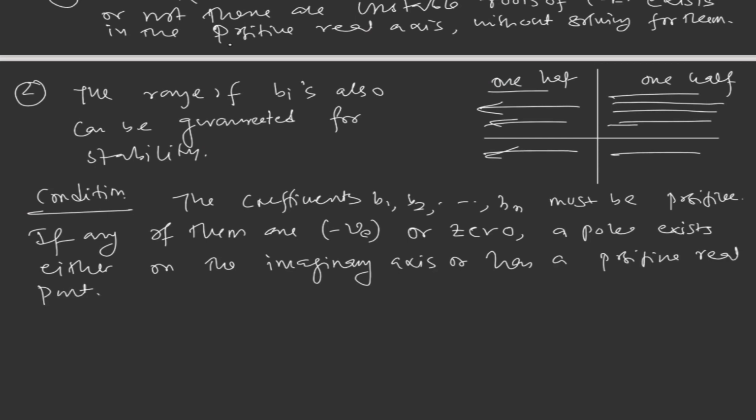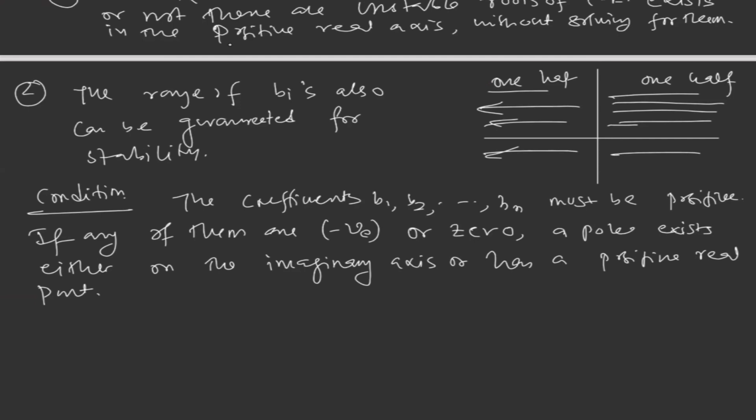For stability, all the values of all these coefficients B1, B2 till Bn should be positive. If any of these values come with negative or zero, then it is quite confident that the system is going to be unstable.